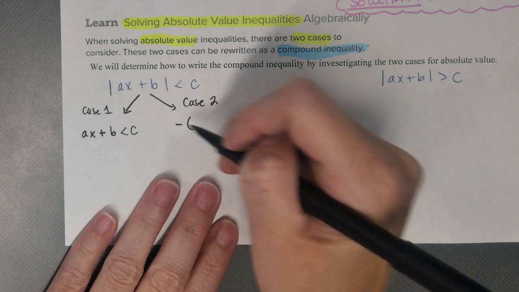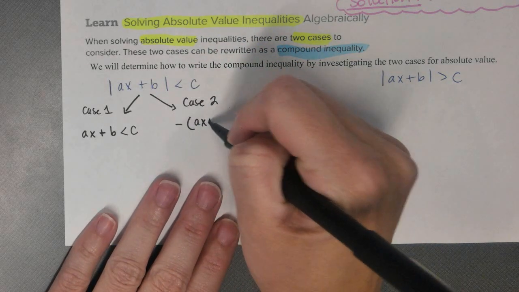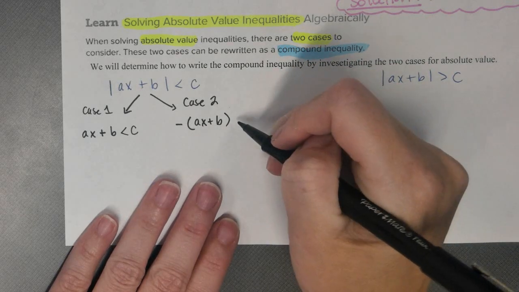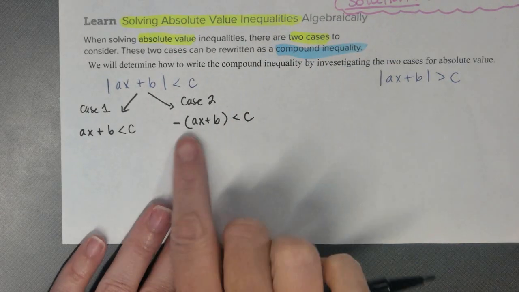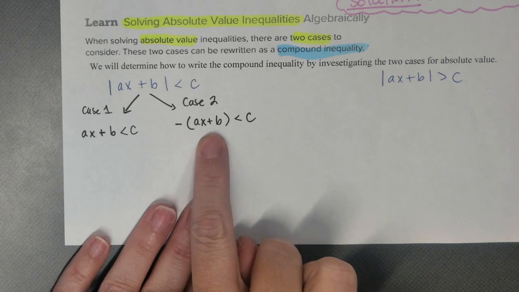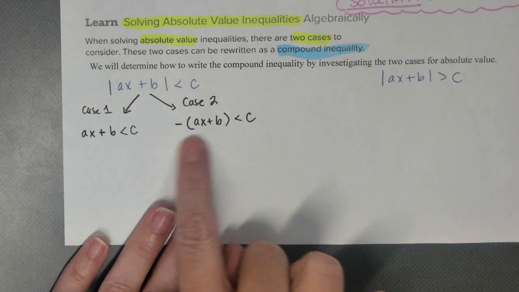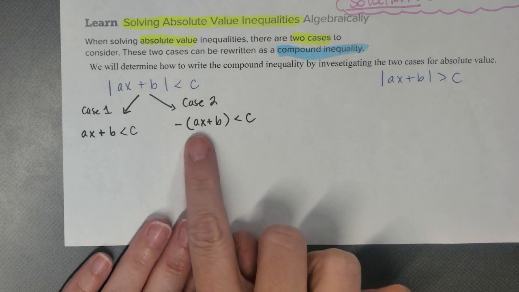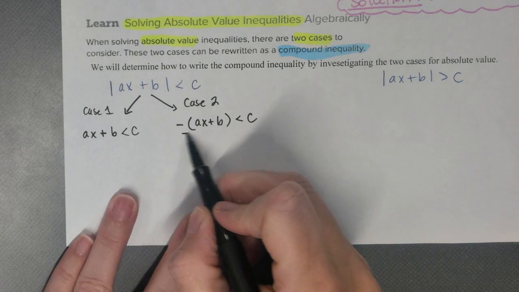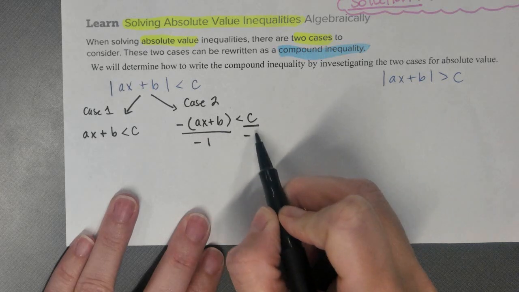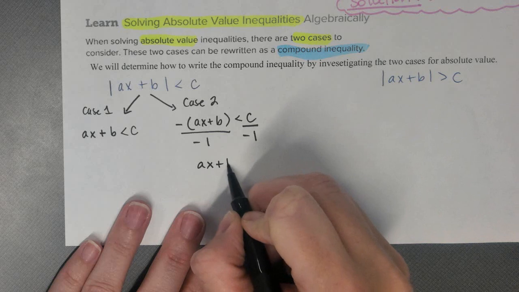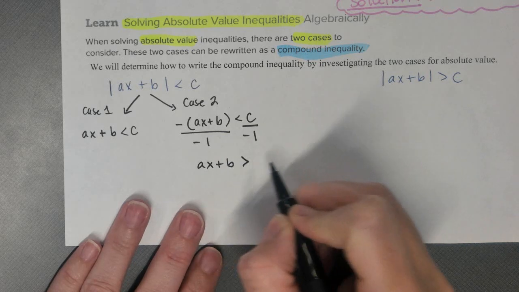So for case 2, whatever is inside here, we have the opposite. We have to apply the negative to whatever's inside the absolute value, and then we're just going to solve this by dividing by -1. And like you guys told me, when you divide by a negative, that's going to flip the sign.